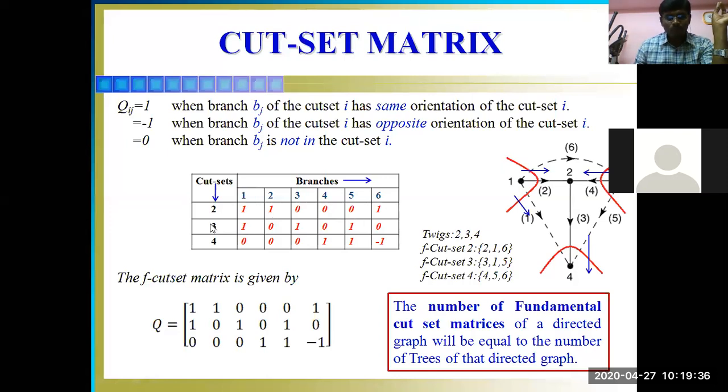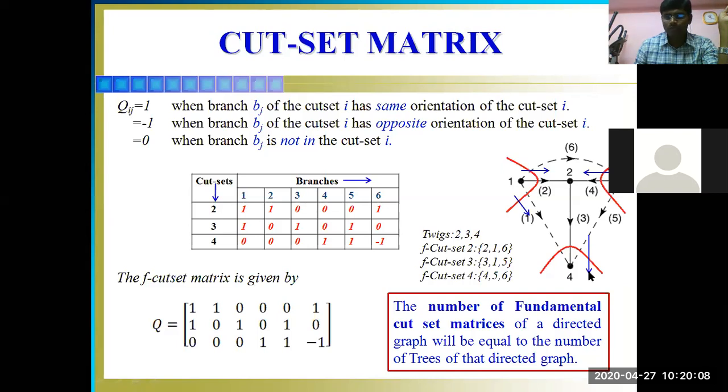Like that, coming to the third cut set, see here. For the third cut set, we removed 3, 1, 5. Here we are removing the fourth node along with 1, 3, 5. But the direction is into the fourth node, the downward direction.